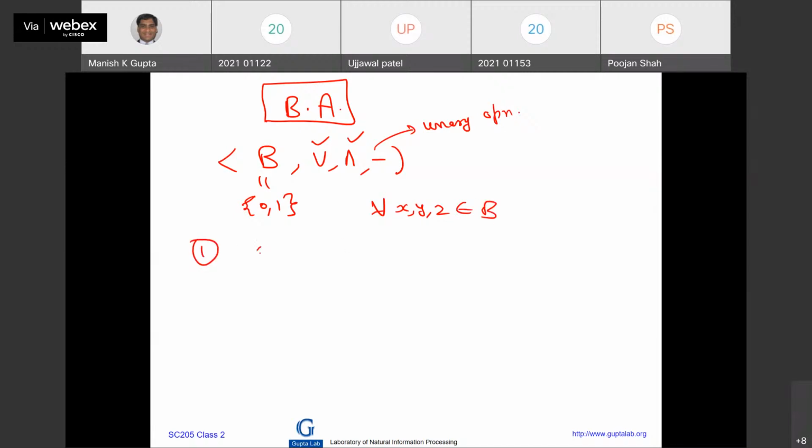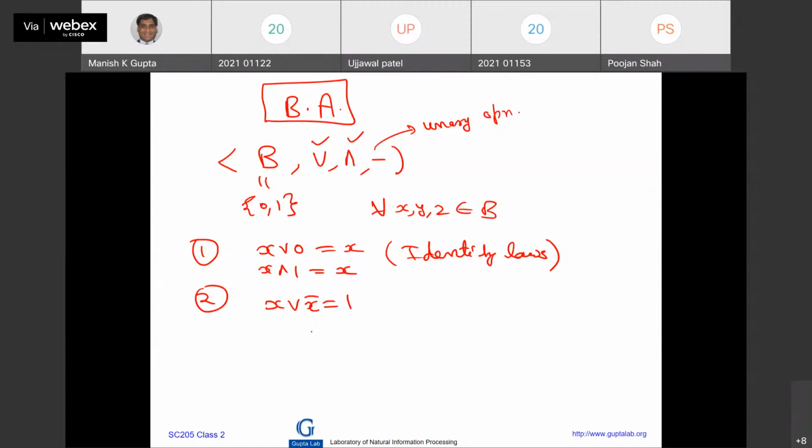First property: x join 0 is x, x meet 1 is x. These are known as the identity law. Second: x join x bar is equal to 1, x meet x bar is equal to 0. Complement law.